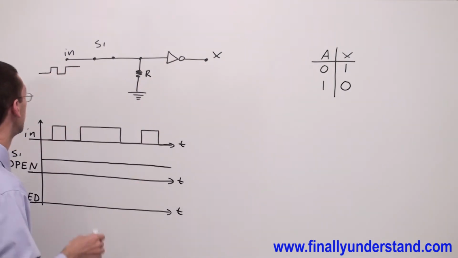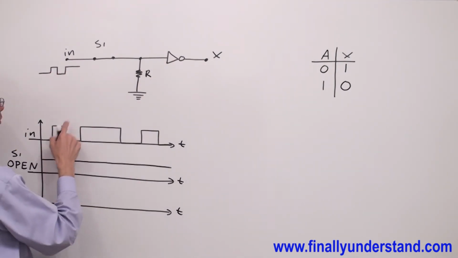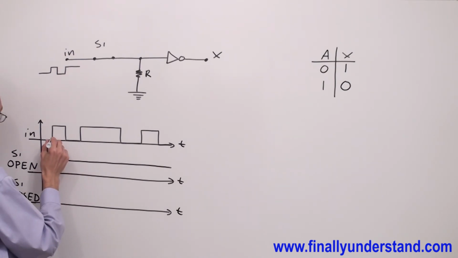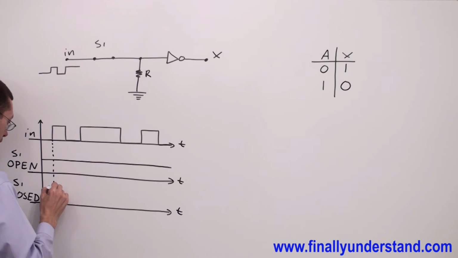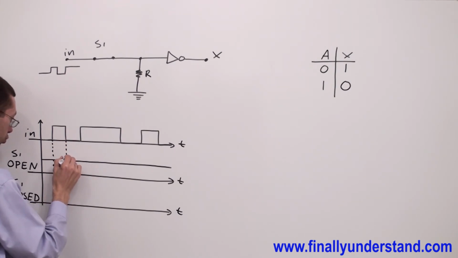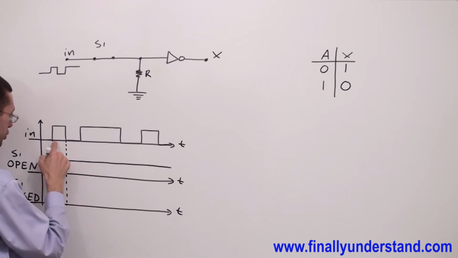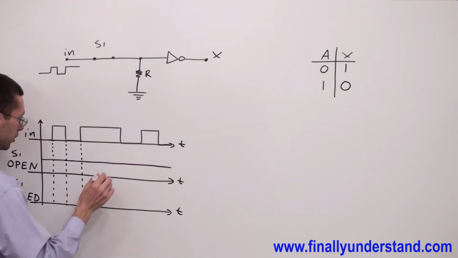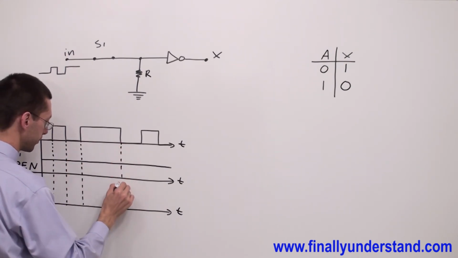You are going to simply have this waveform at the input of the inverter. And if you want to find out what happens at the output, you're supposed to simply draw the dashed lines at every single change of your input waveform.